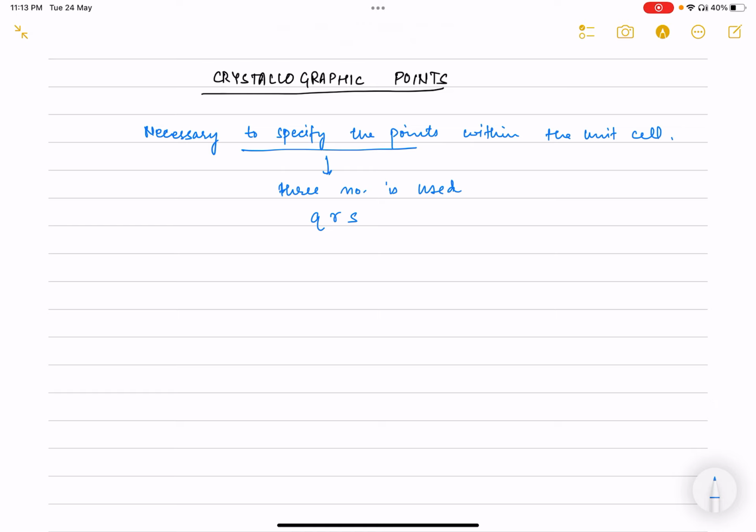To find out the coordinates, it is necessary to establish a coordinate system that has a right-handed nature.